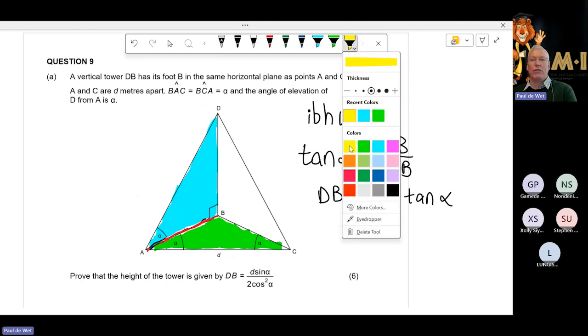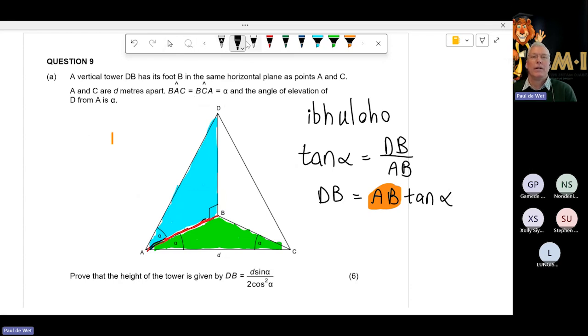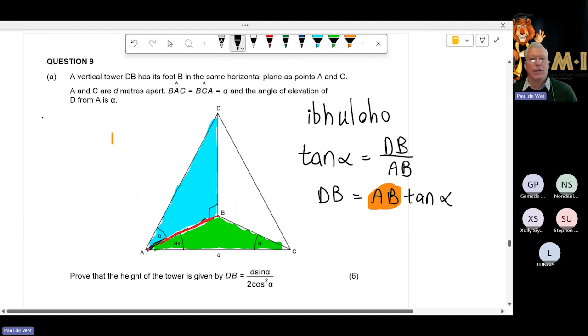Who can tell me how to do this question now? Okay, so this angle over here is 180 minus 2 alpha.